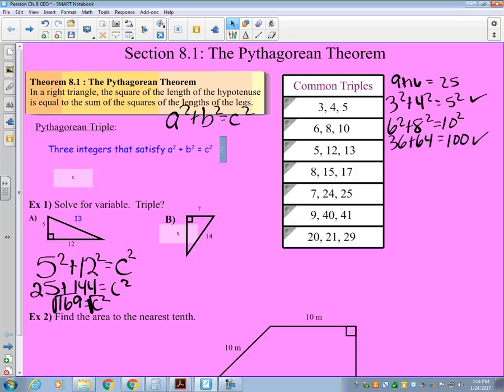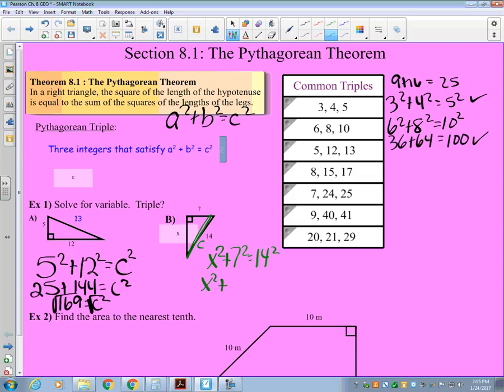The other way we can see Pythagorean theorem is when we're given one leg and the hypotenuse. We look here and 14 is the hypotenuse. So if c is 14, then we have x is a and 7 is b. So it's going to go x squared plus 7 squared equals 14 squared.